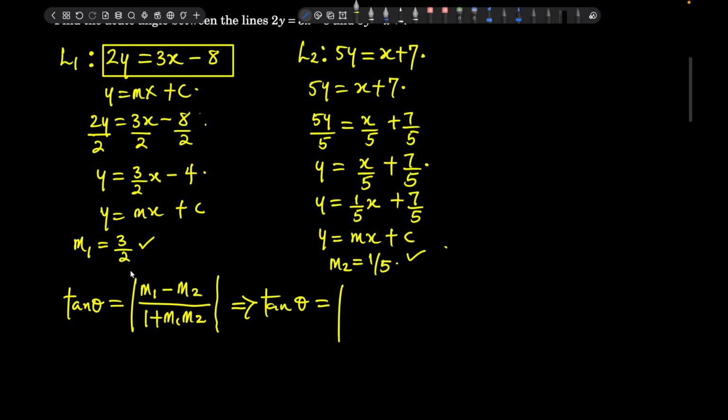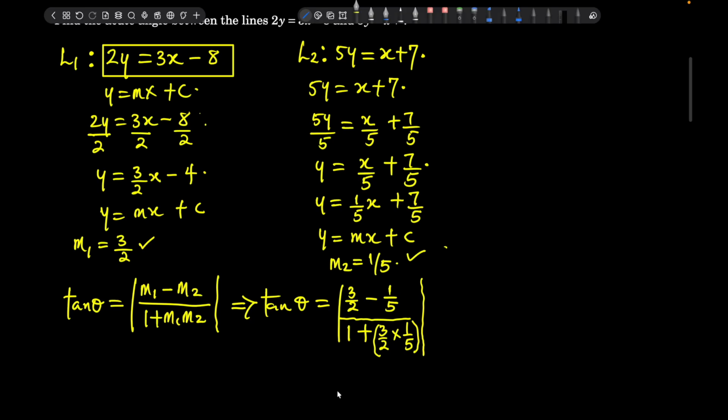That is 3 over 2. What is m2? That is 1 over 5. So 3 over 2 minus 1 over 5, then over 1 plus 3 over 2 times 1 over 5. You can put that in brackets and put the absolute sign.